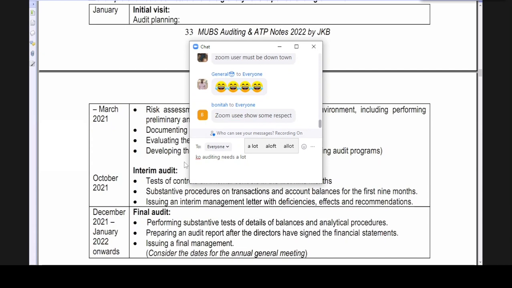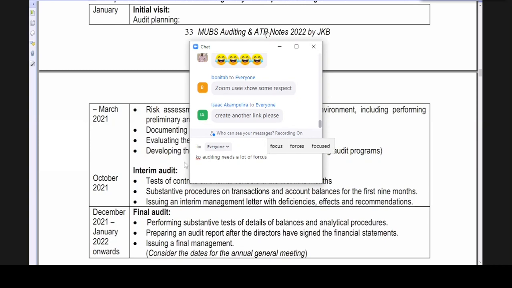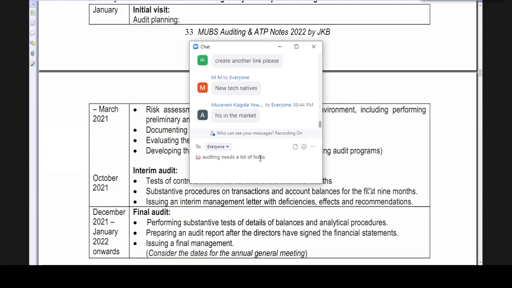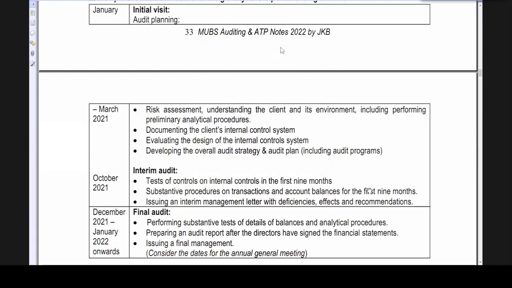So you had a question. Can you please ask again? Sir, I didn't get that point of substantive procedures on transactions and account balances for the first 9 months. Now, given it's an interim audit, like I said, you look at 1st of January to 30th of September. Let's say you are going to audit cash at bank.